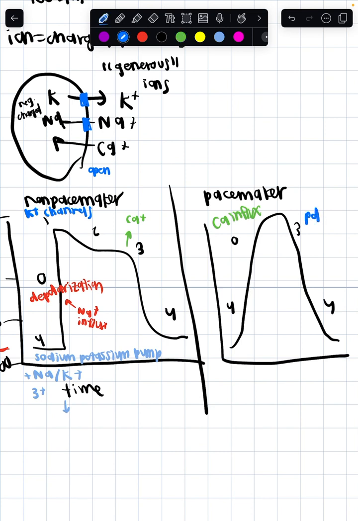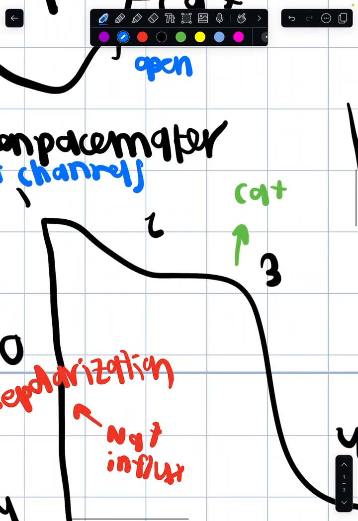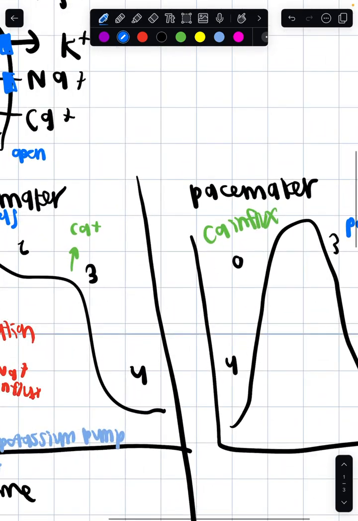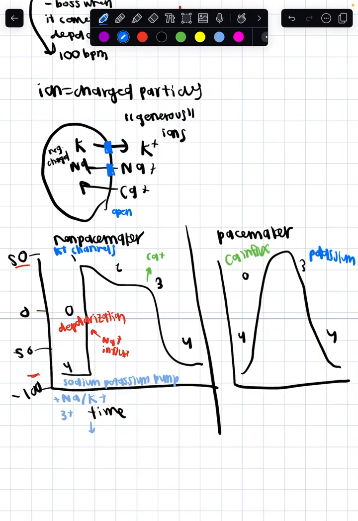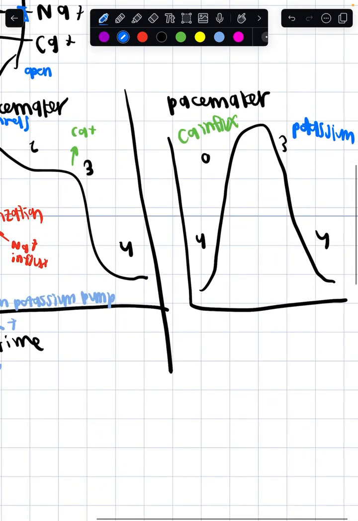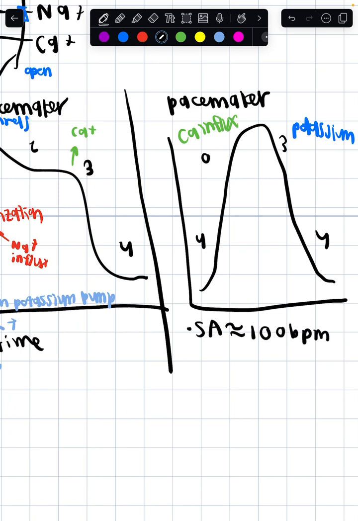This is kind of what I just explained, but rather than having that plateau here from our calcium entering, it's just fast calcium enters the cell, boom, we go to a positive end, and then potassium exits. And again, this, particularly with the SA node, is going to depolarize at about 100 beats per minute. This is called spontaneous depolarization. So essentially all that means is that it does not need an input to depolarize. It is inherent, it is automatic nature to these guys.